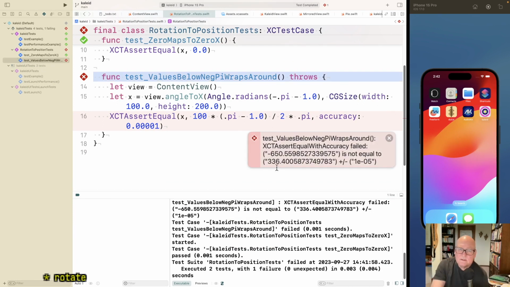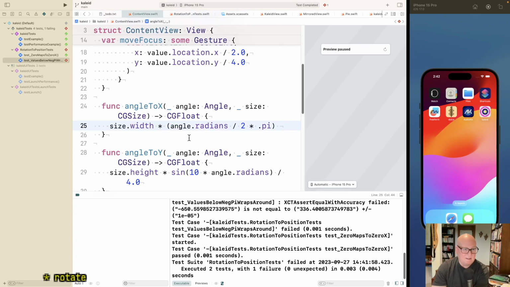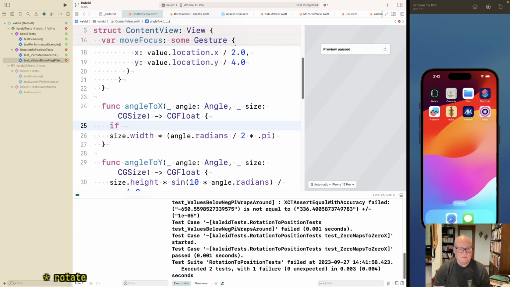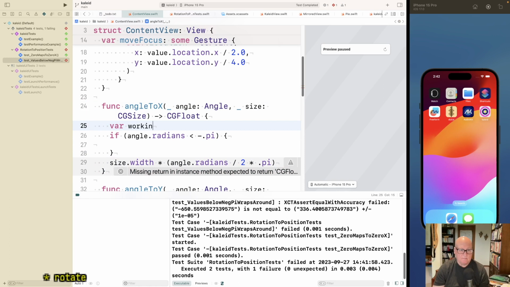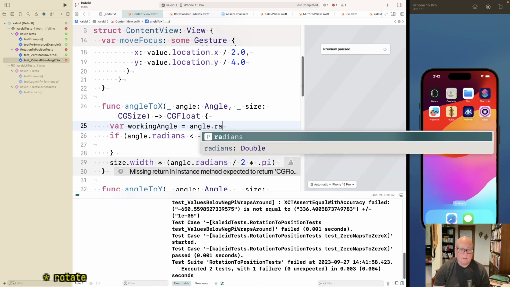Minus 650 to plus 336. Well, I don't know. Okay. What I want to say is if the angle dot radians is less than minus pi, let's do working angle equals angle dot radians.